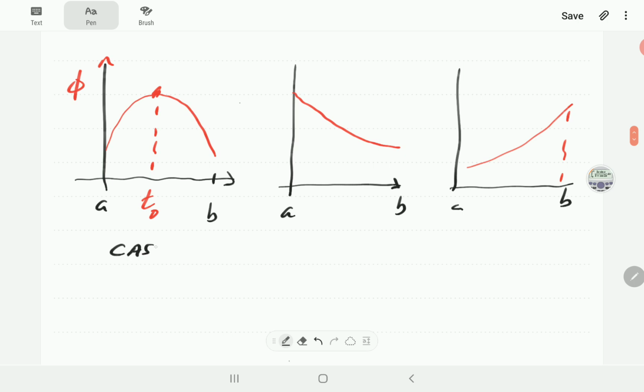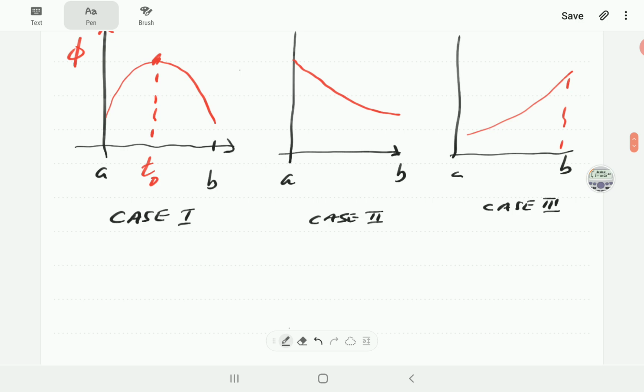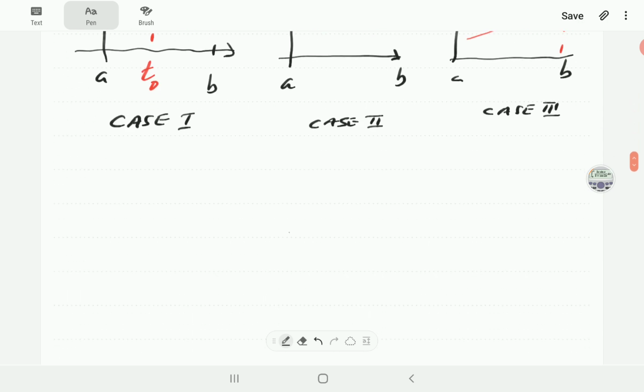So this is going to be our case 1, this is going to be our case 2, and this is going to be our case number 3. So let's look at case number 1 in some detail now.